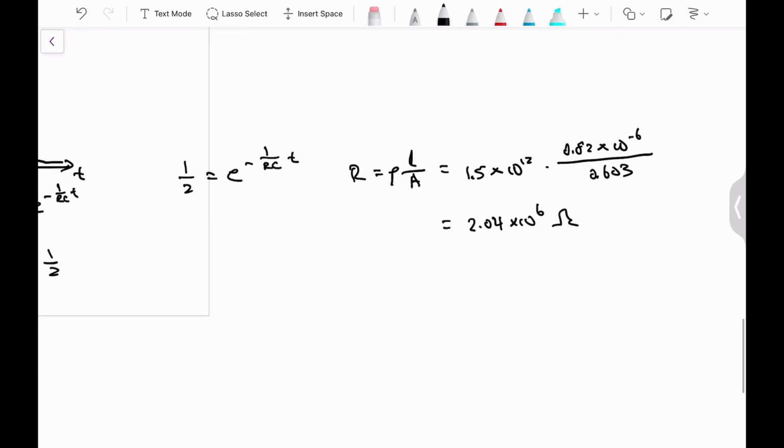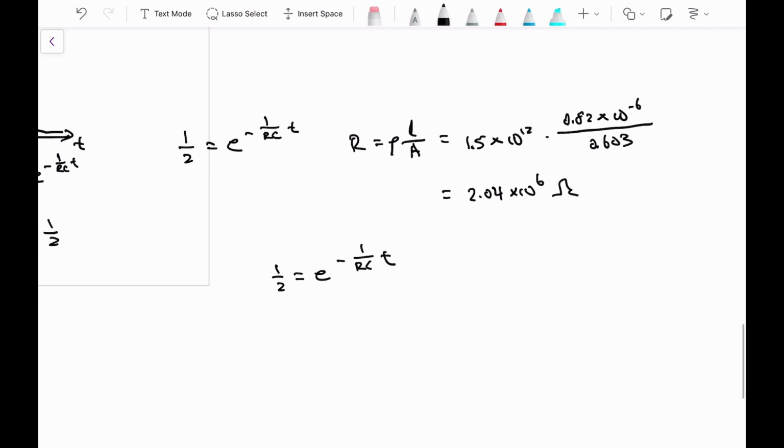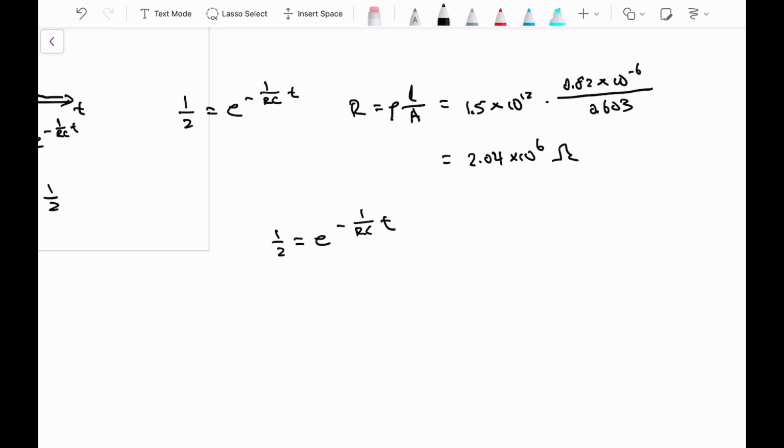And therefore we apply this back to the equation. It is equal to e to the power of minus t over RC. I'm not going to substitute in the values first. Isolate t first. That will be ln, and then times minus RC.